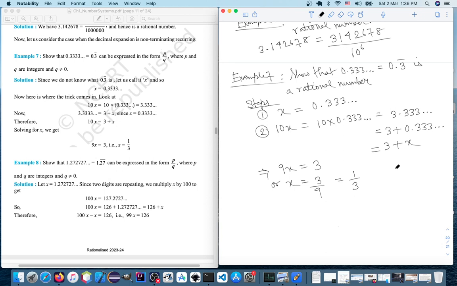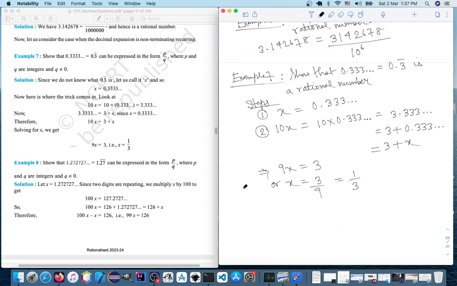Because there is only one digit in the repeating block. So 10x equals 10 into 0.333, which becomes 3.333, which can be rewritten as 3 plus 0.333, and 0.333 is the original number, so we replace that by x. So we get 9x equals 3, so x equals 3 by 9, or 1 by 3.